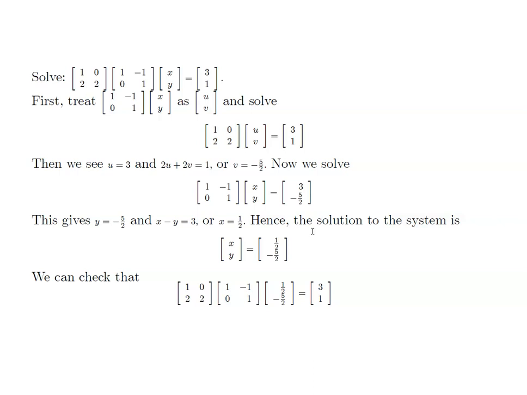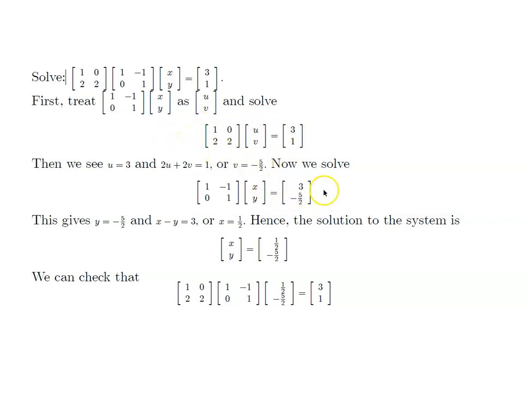Before we go to the next example, let's run through this process again. We've got a lower and an upper triangular matrix multiplied together, times the [x,y] we're trying to solve for, equal to [3,1]. If we multiply the two right matrices together, we would still have variables in them, so we just treat that as a variable, [u,v] in this case, and solve for u and v first using the lower triangular matrix.